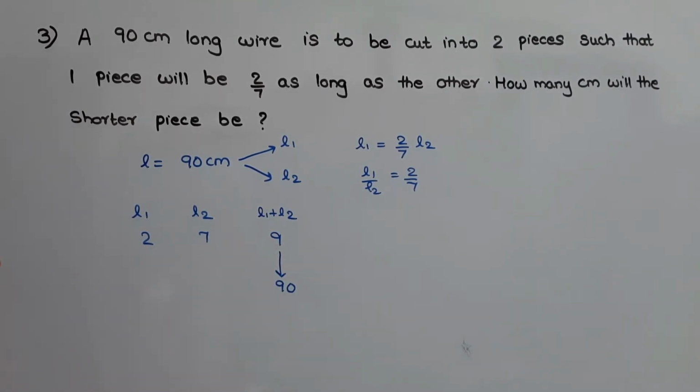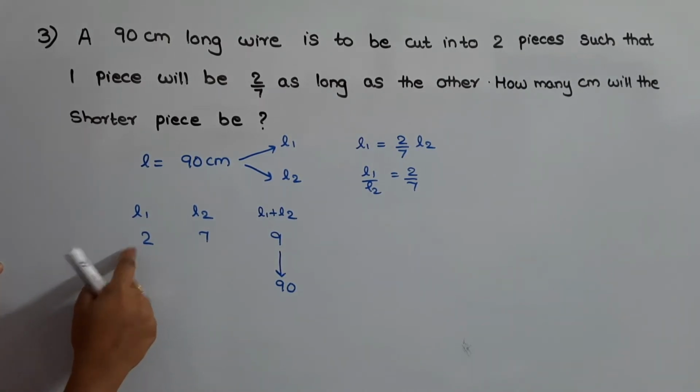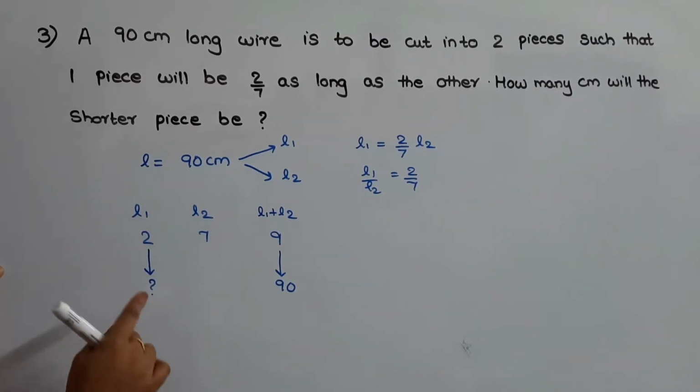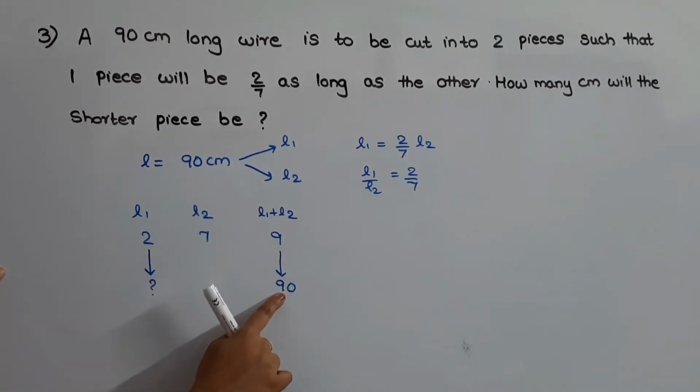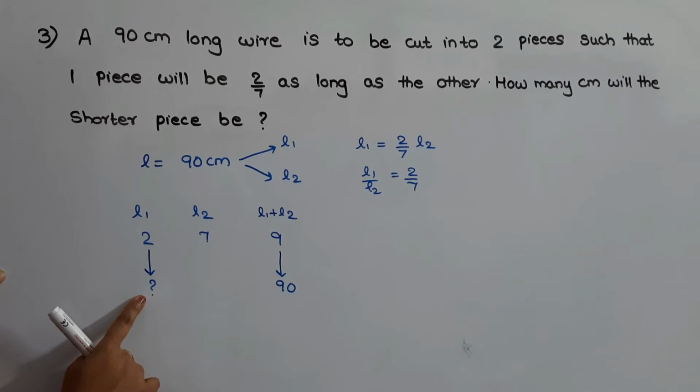We need to find out the length of the shorter piece, so we need to find out the value of this 2. If we find out the value of this 2, we can find out the length of the shorter piece. 9 can be written as 90. Then what will be the value of this 2? These both are directly proportional.